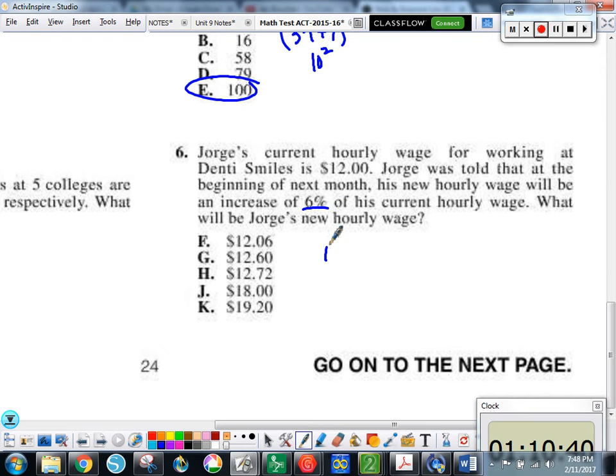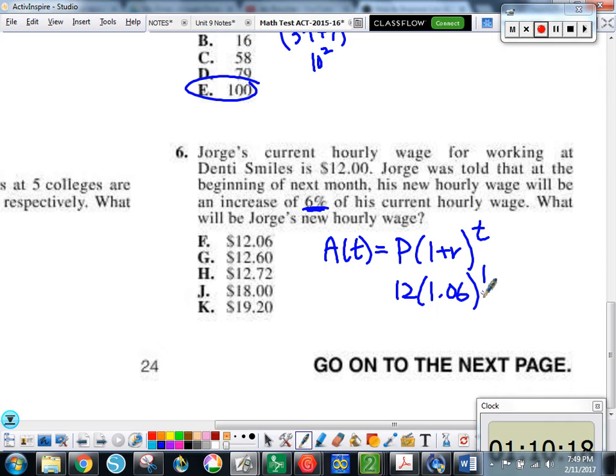And our equation is, what do we call it, A equals P times 1 plus r to the t. So I just need a 6% increase. You put a 6 in here, and it's 1 month later. So he's going to be making $12.72.